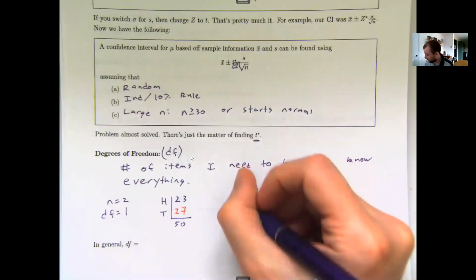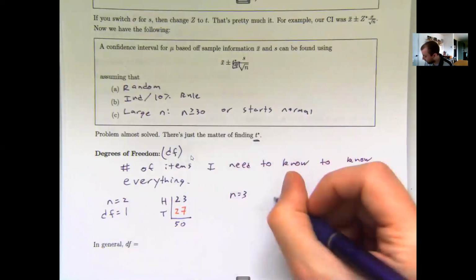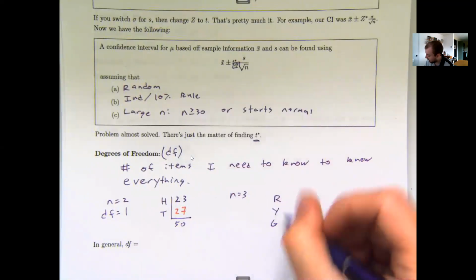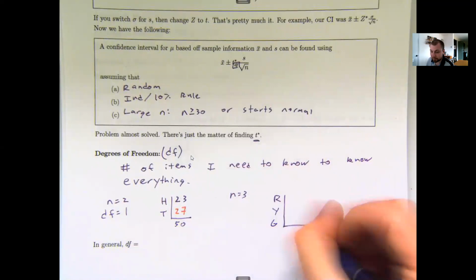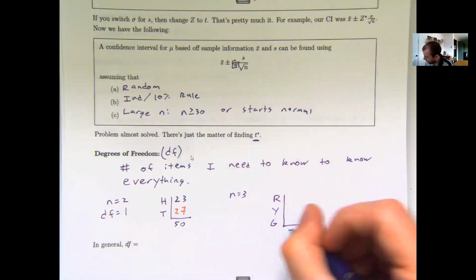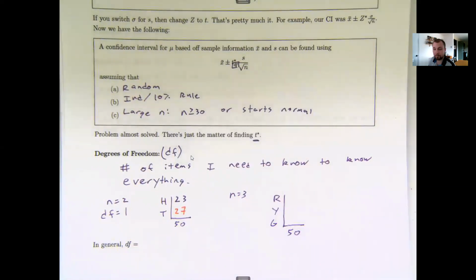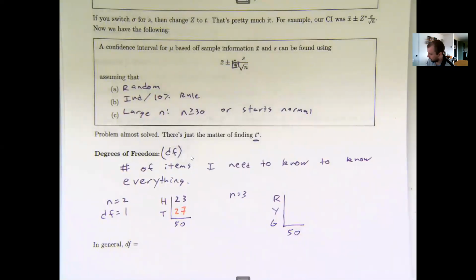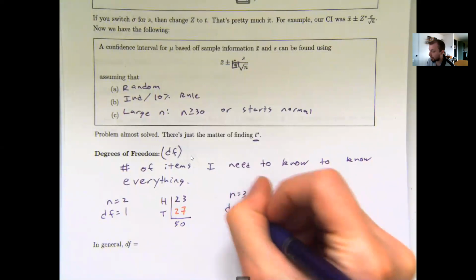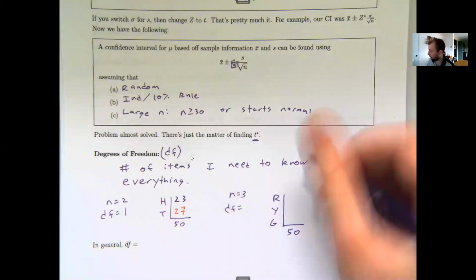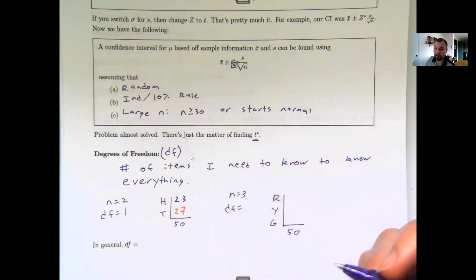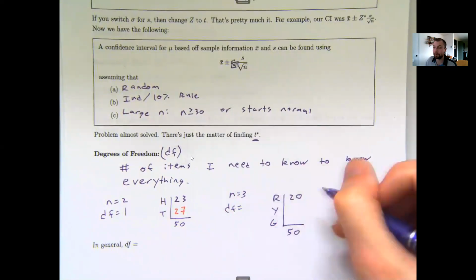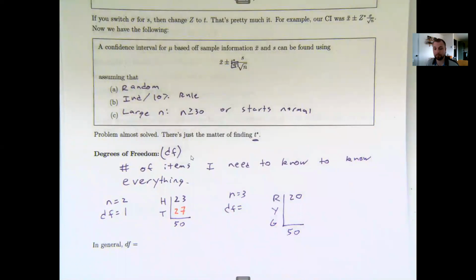Let's look at another example. So stoplight, red, yellow, or green. And suppose that I run into this light 50 times in a week. I don't know for sure how many red, yellows, or green just yet. So I'm going to start filling in categories until I can solve for all the remaining ones. So I'm going to put in a 20 there for 20 red lights.